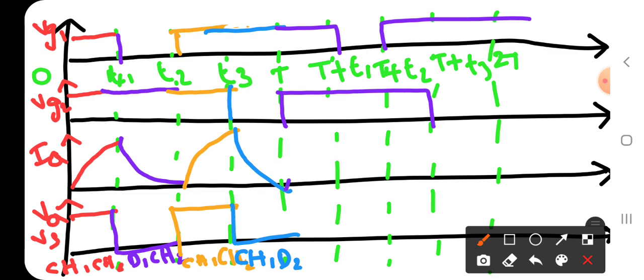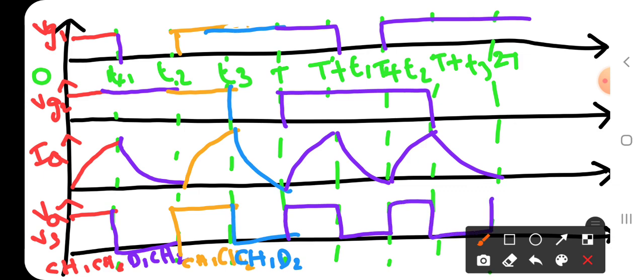The current increases, decreases, increases in this fashion. The output voltage also is like this. If you observe that Ia is positive, Va is positive, that means the chopper operation is in the first quadrant.